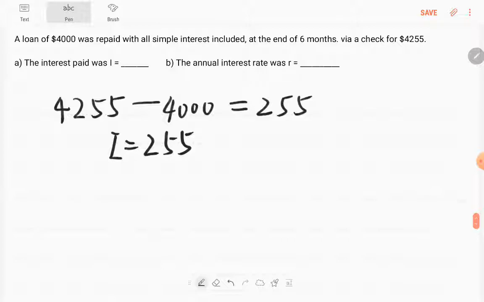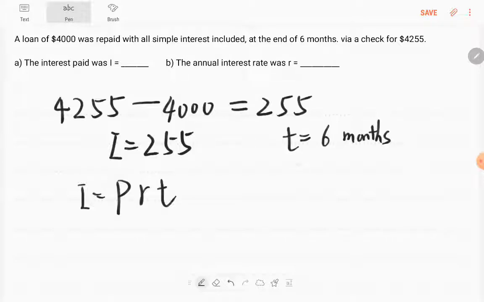So the question is, what is the annual interest rate? We know that I is equal to P times R times T, right? So now our T is at the end of 6 months, so T equals 6 months.